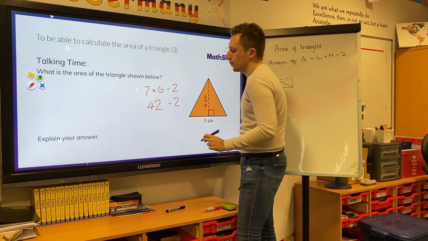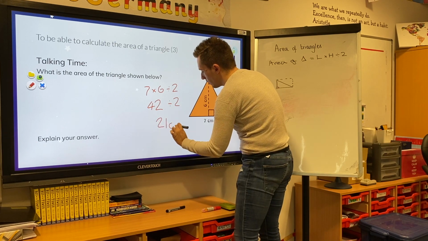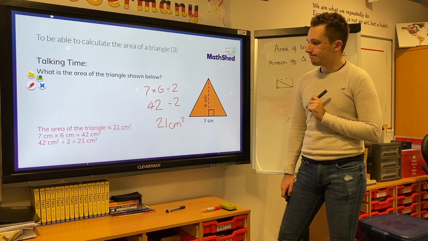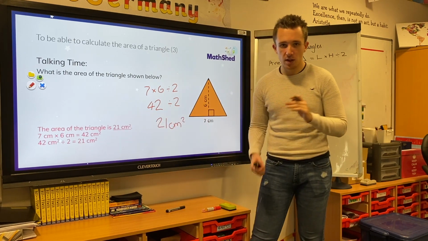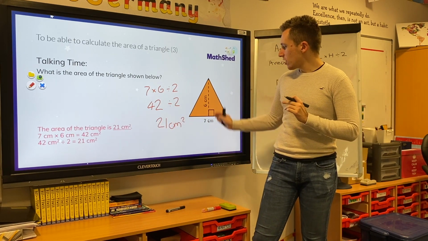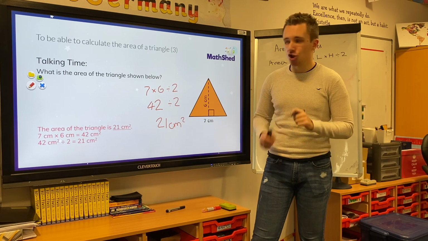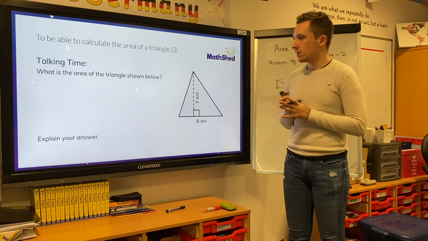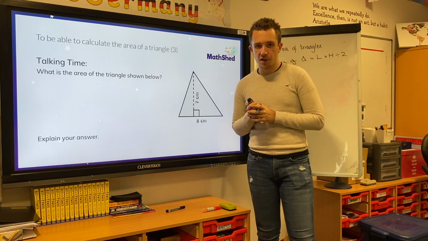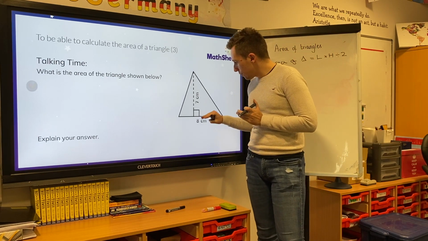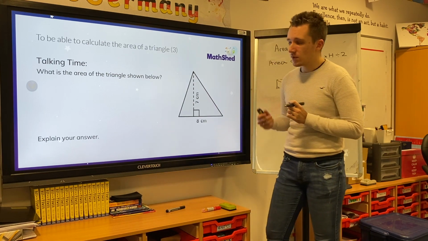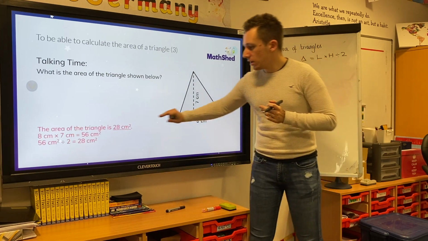Divided by 2 is 21 centimetres squared. There you go. Length times height divided by 2. This one here, same thing. Length times height, 8 times 7 is 56. Divide that by 2 is 28.